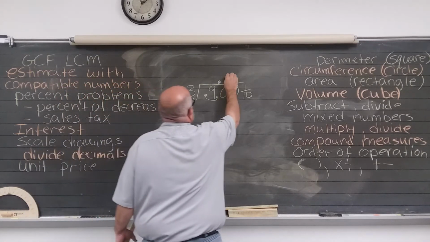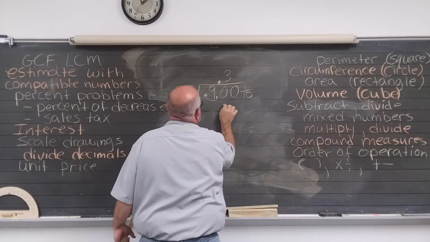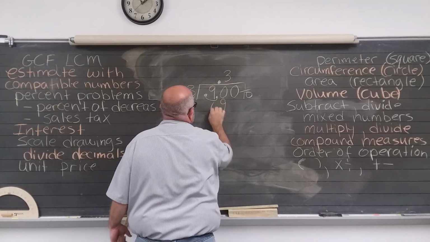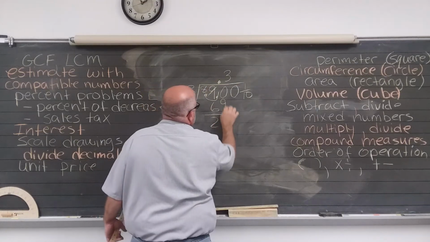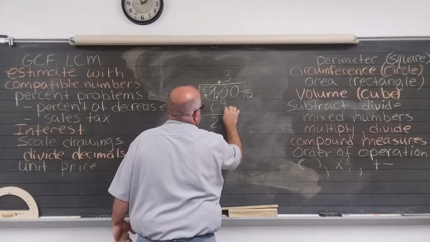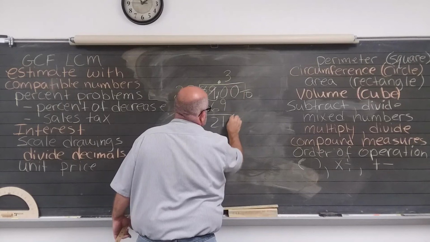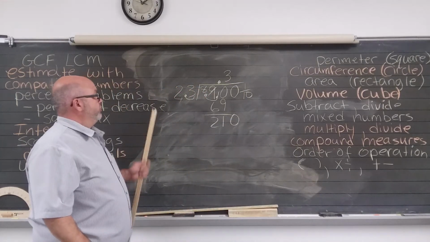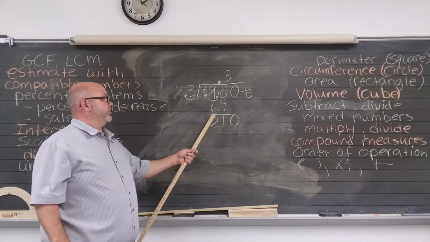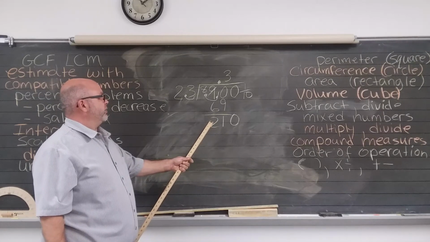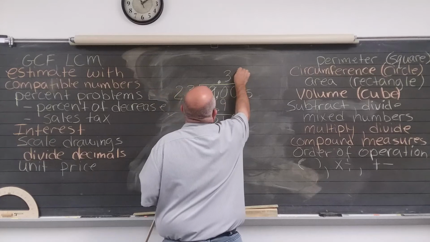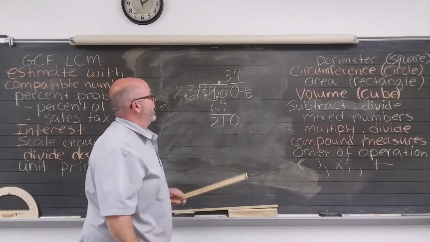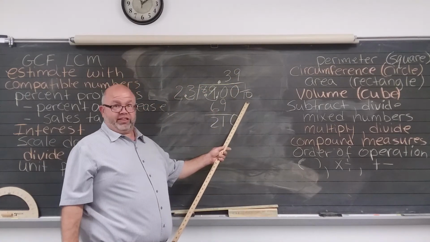So we need a 3. 3 times 3 is 9. 3 times 2 is 6. Subtract. 10 minus 9 is 1. Bring the 0 down. 23 into 210 is going to go like 10 times. Well, you can't quite do that. So we're going to go 9, right? 0.39.